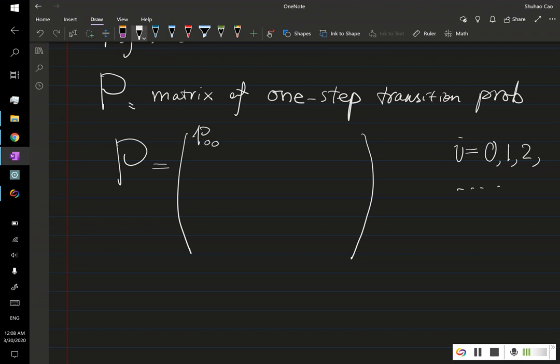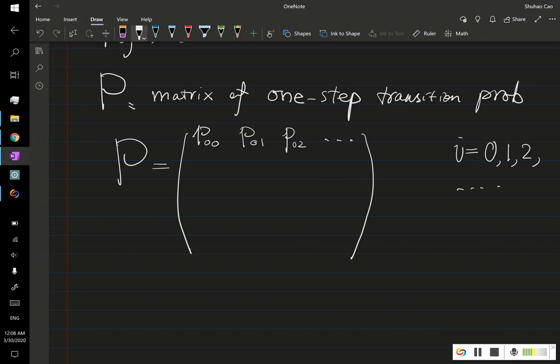So this is the probability that we're at state 0, and we stay at state 0 next time. And the first row has P01. So for example, we're at state 0, and this is the probability of transitioning to state 1 next time, and we'll have P02 and so on.